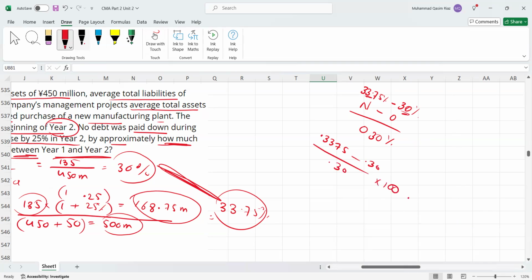Then I need to multiply by 100 to get the answer into percentage. So here we go. If you solve it, it is going to be 12.5%.